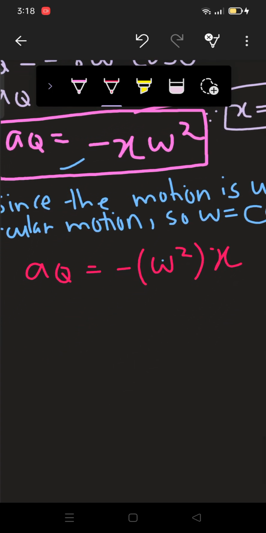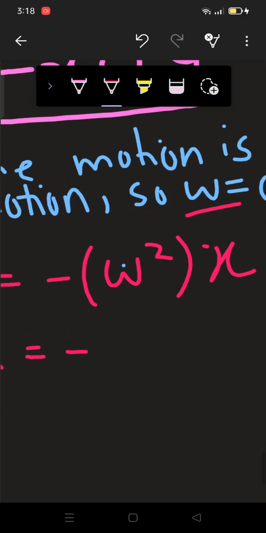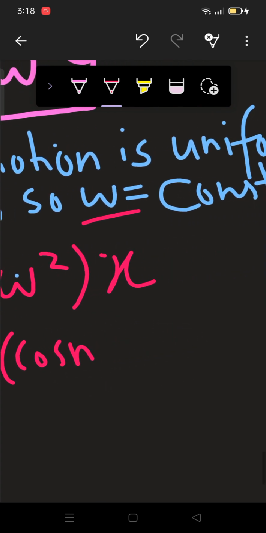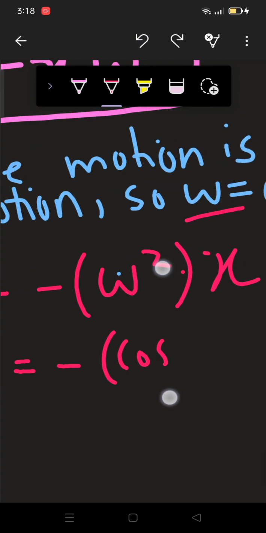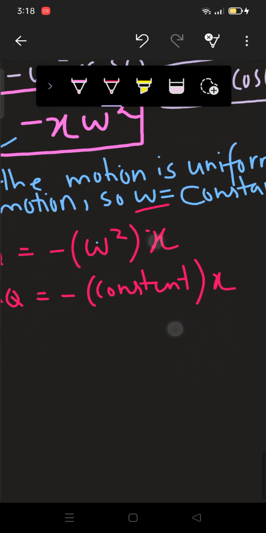I've just rearranged this. So now, with omega as constant, a_q is equal to minus, instead of omega squared I can write constant, times x.